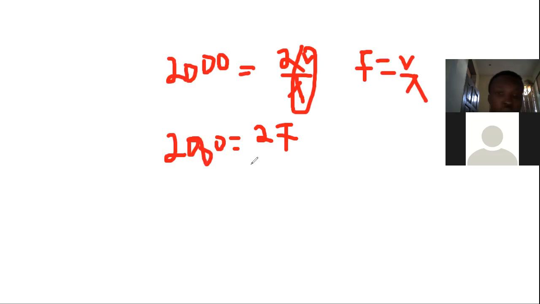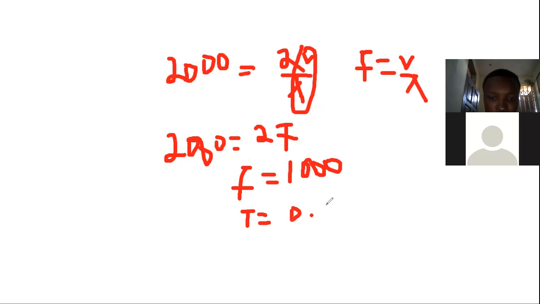So f will be equal to 2,000 divided by 2. You get it? So frequency will give us 1,000. Now, once you have frequency, you can find the period. Period is 1 over f. So T will be equal to 0.001 seconds. Have you seen it?